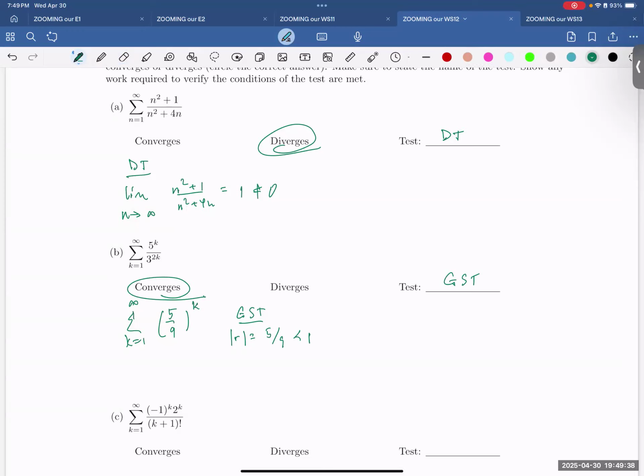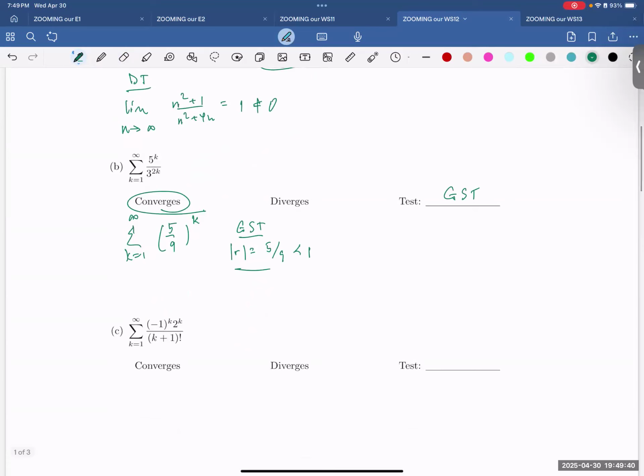Geometric series test. It's not asking for the sum, but just so you see, the series converges to the first term, which is 5/9, over 1 minus the ratio. That's 5/9 divided by 9/9 minus 4/9, and that's going to be 5/4.